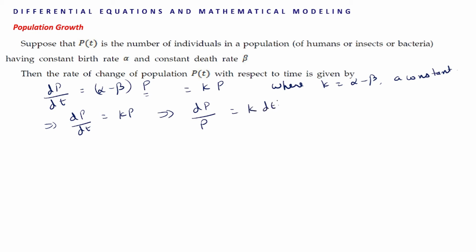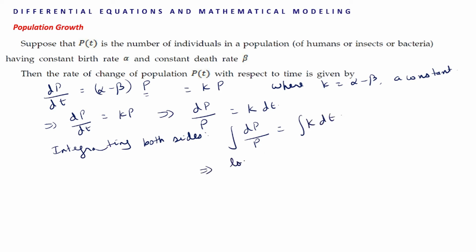So we have dP/dt equal to kP, or dP/P equal to k dt. Now this is a differential equation, and we can solve it in this way. We can integrate both sides. So we get integral dP/P equal to integral k dt, or log P equal to kt plus c.